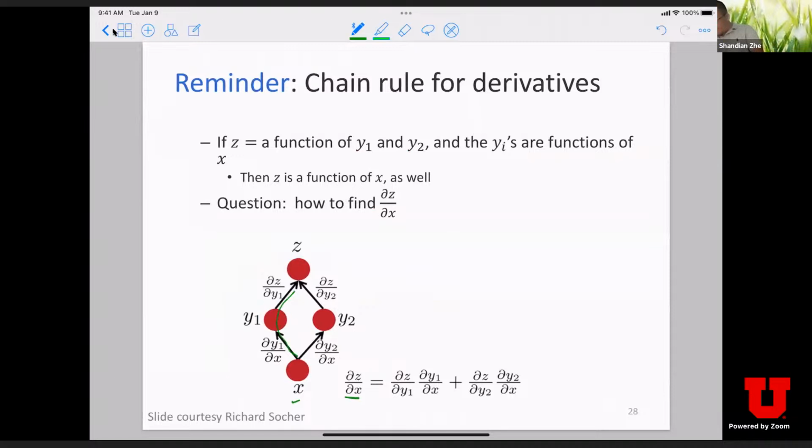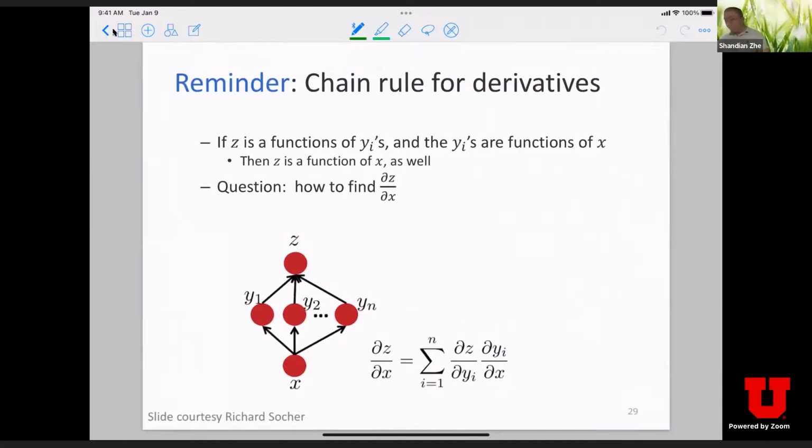It's the same instance as we just mentioned. You just multiply the partial derivatives along each path and add them together. So partial z over partial y1 times partial y1 over partial x is the first product, plus the product along the second path, partial z over partial y2 times partial y2 over partial x, right?